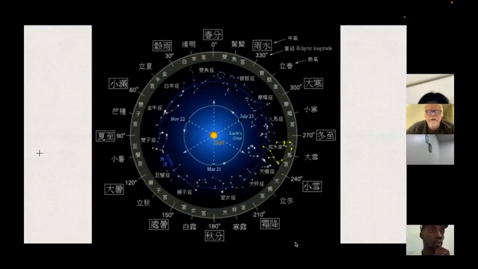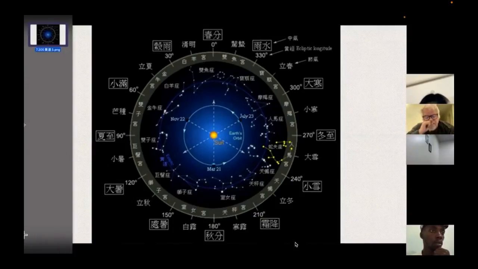If you see the picture here, you see the sun. And the sun, let's see. This isn't the best picture. You see a circle there that says ecliptic, and it says Huang Dao. And the Earth goes around the sun.